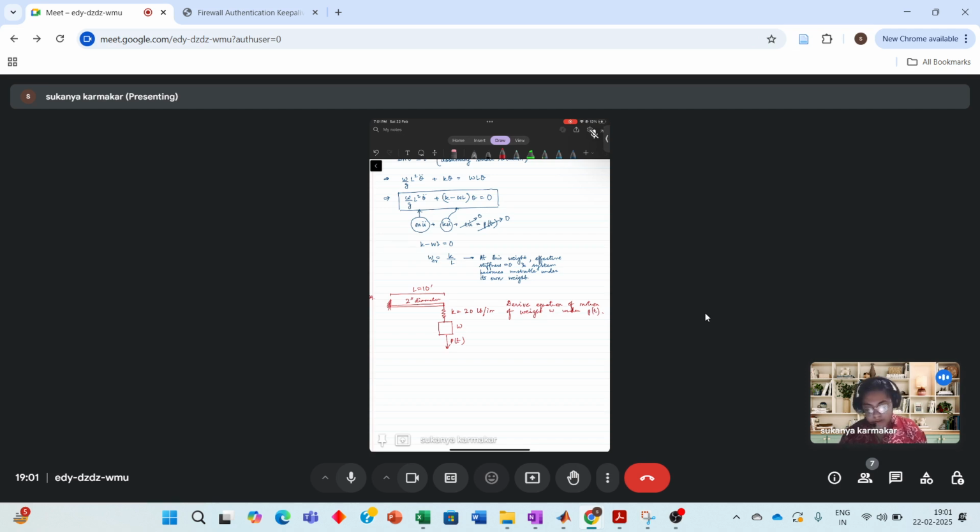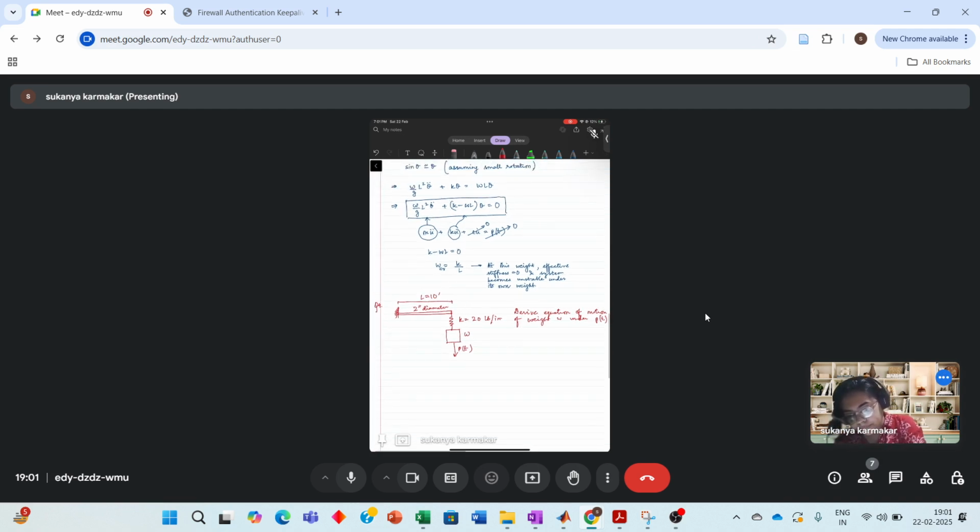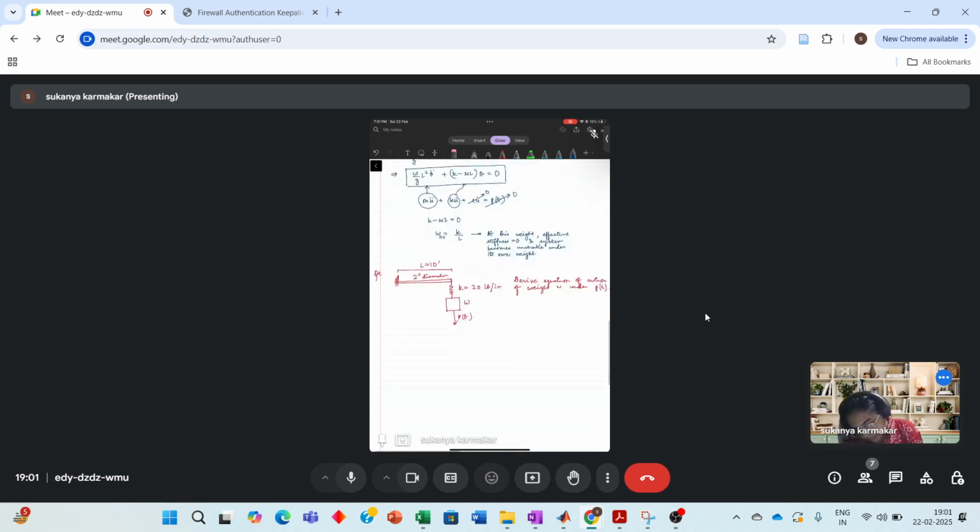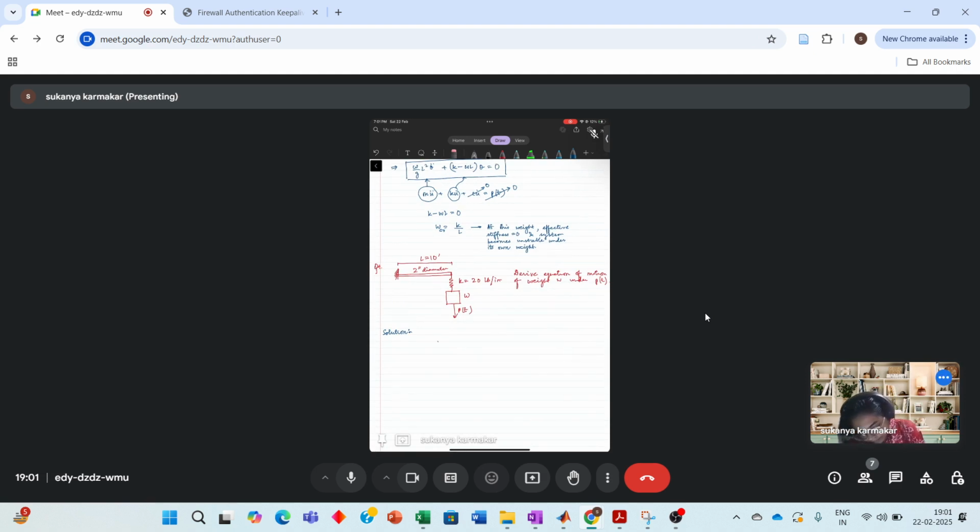So first thing is, this is my initial configuration. Let's say now, the beam has to have flexural deformation.